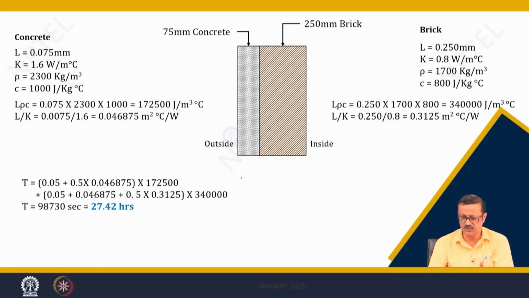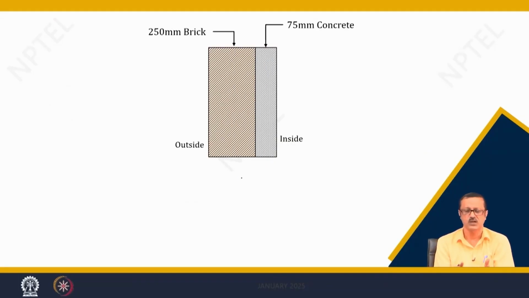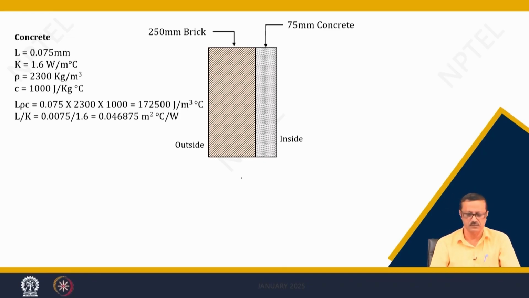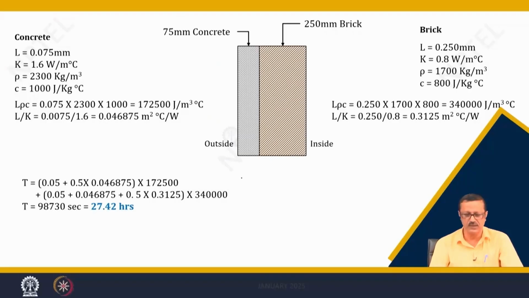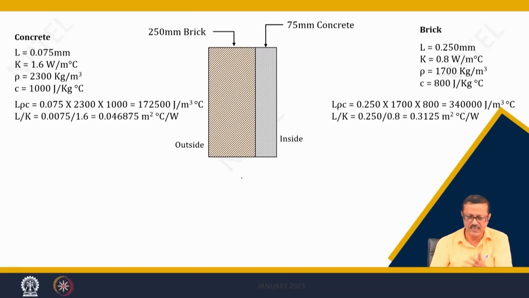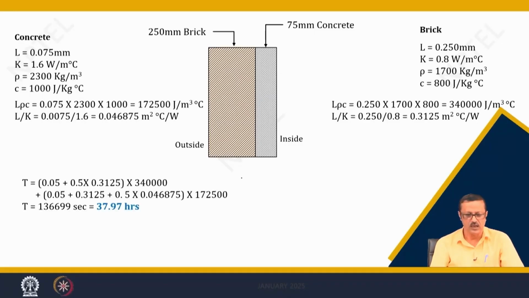If I put the concrete inside and the brick outside, it may sometimes look like it will be the same, but it is not; there will be some difference. The earlier one was 27 hours, and if I do the same calculation with the change in the two L by K values, I found it is 37.97 hours, much higher in that case.